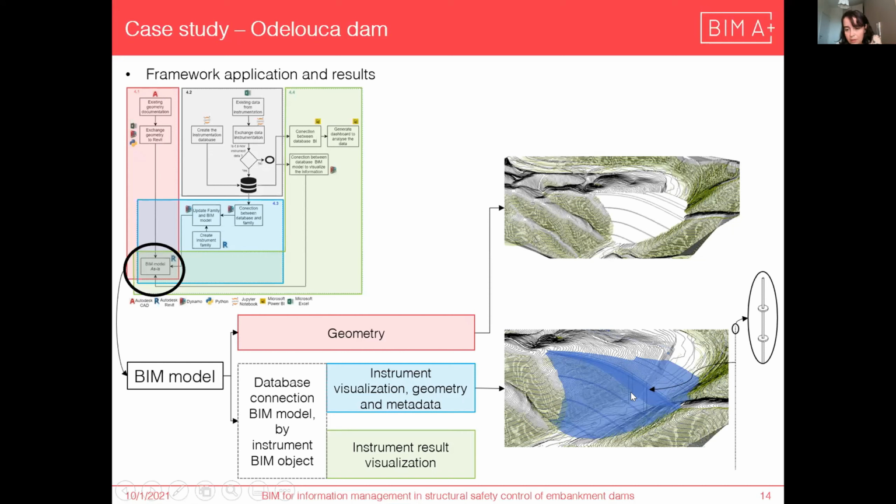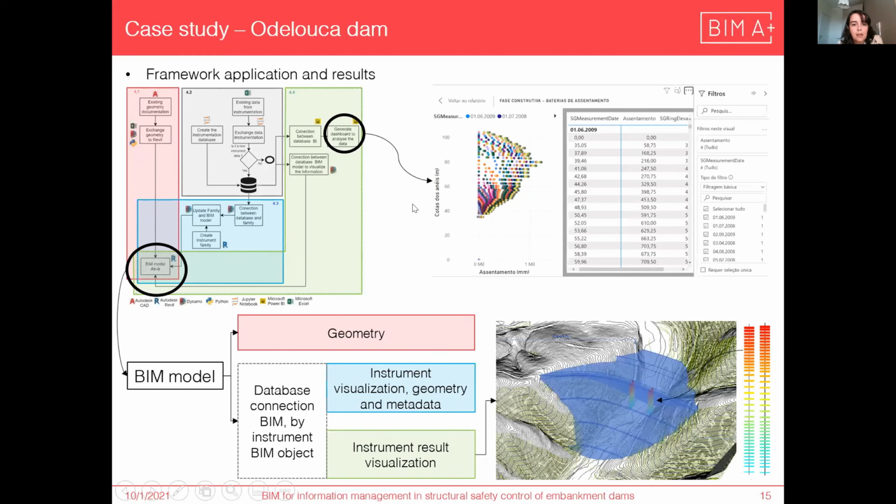You see here we have 4 positions, and if you zoom here, you can see that. And finally, we have the instrumentation measurement visualization. Like I told, we created another object that has the displacement as the height, and we can see by the color which is the highest and the lowest measurement.